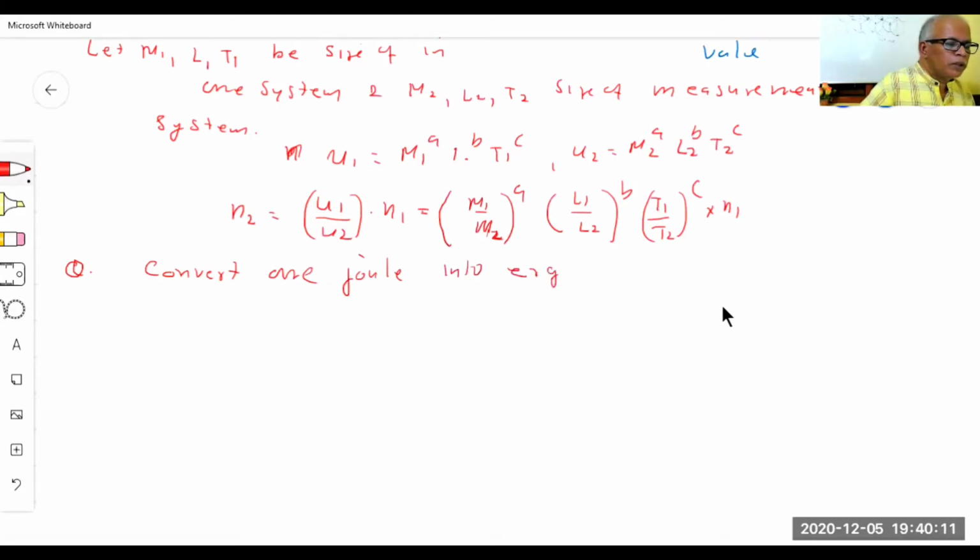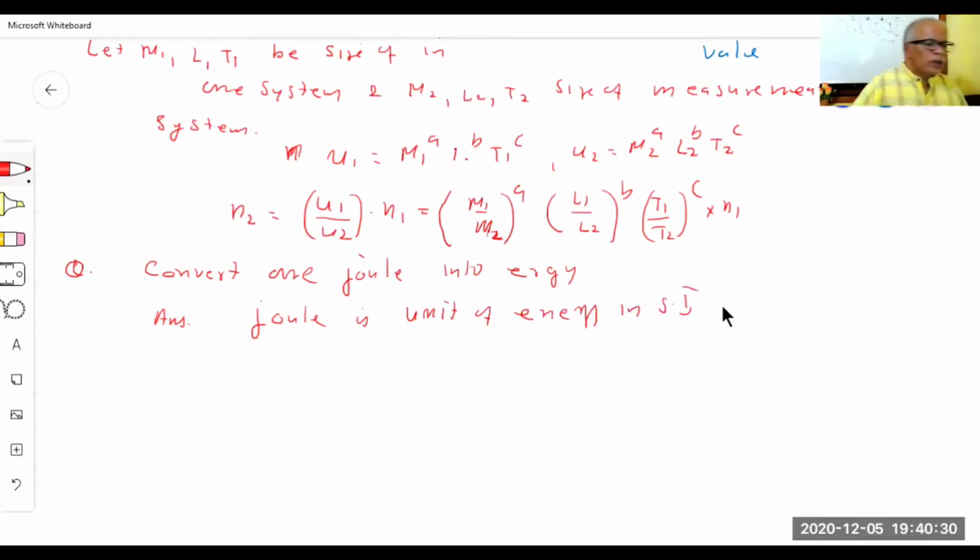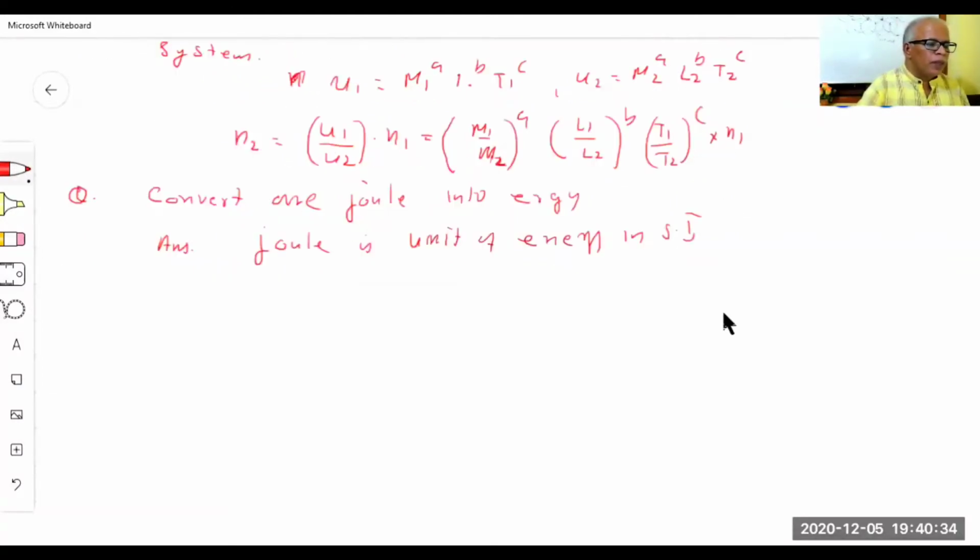Joule is the unit of energy in SI. So N1 is the first one, and N1 is 1.